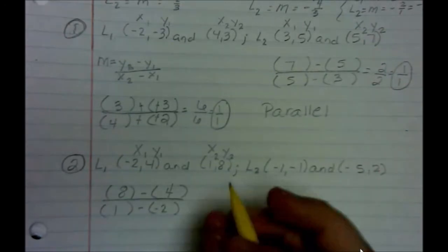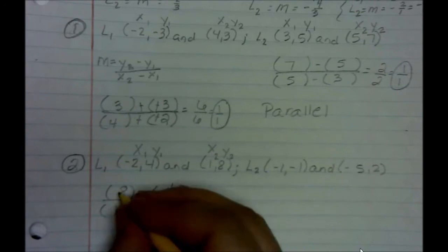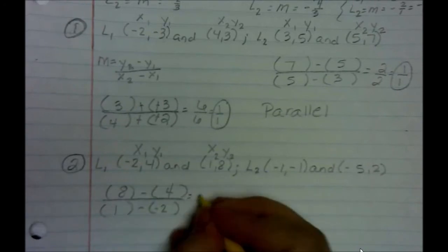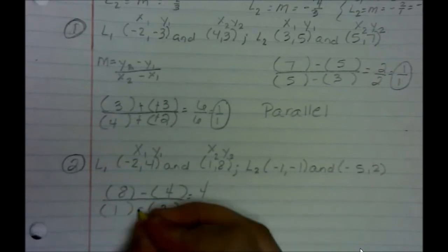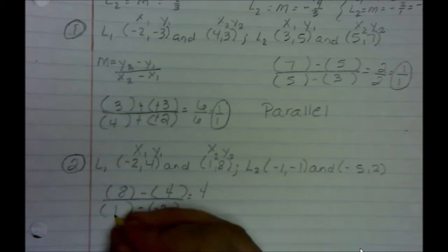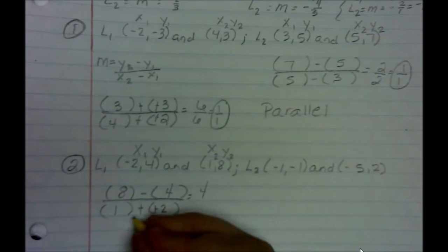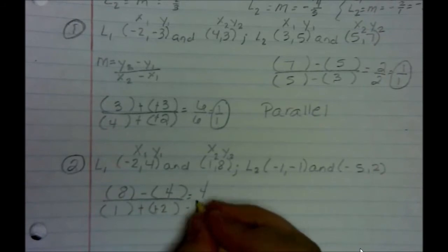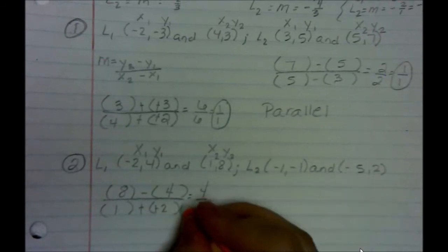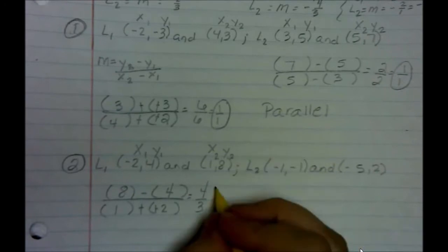So now I'm going to do 8 minus 4, which is 4, 1 minus -2. So I'm going to keep, change, opposite. So 1 plus 2 is 3. So my slope here is 4/3.